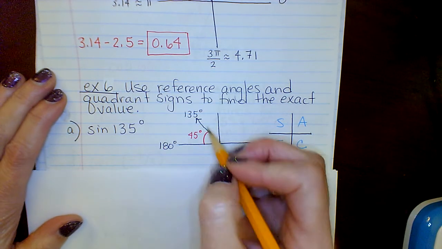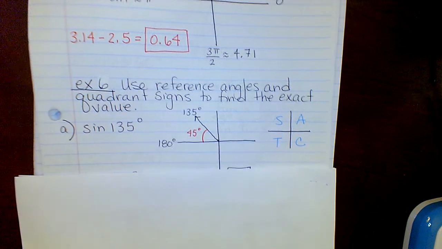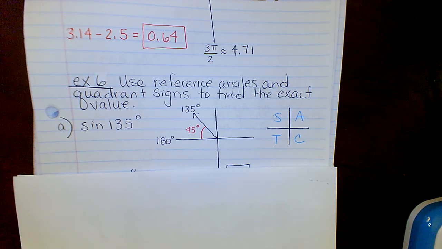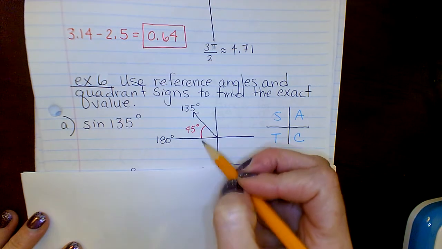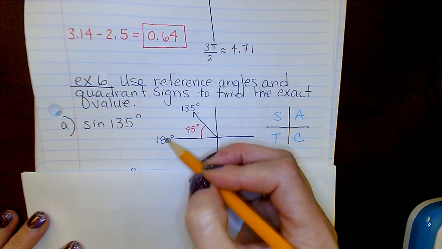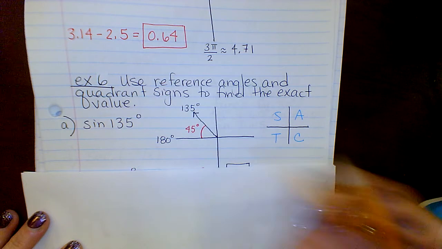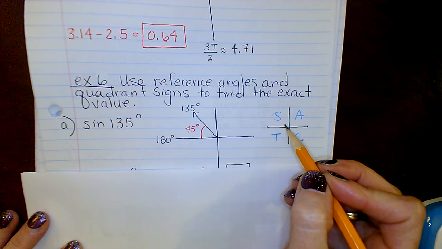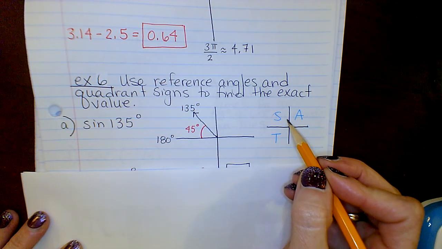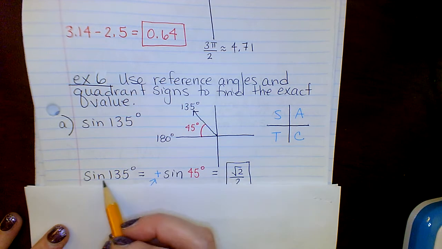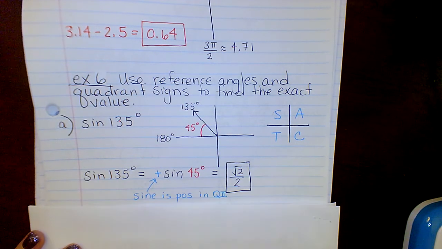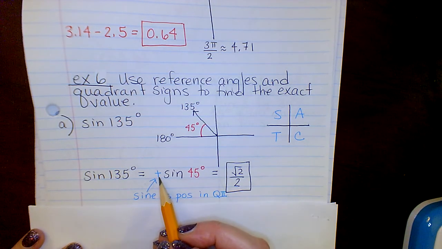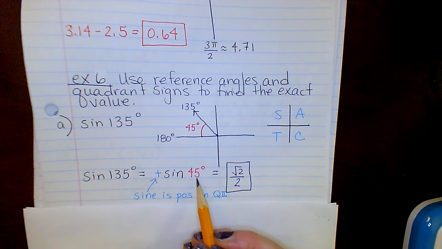Or you could say 135 has a reference angle of 45 degrees. That's the subtraction between these two. And then it's in quadrant 2, where the sine function's positive. So I get that the sine of 135 degrees is the same as positive sine 45 degrees.